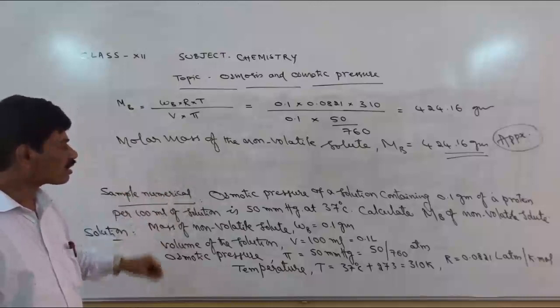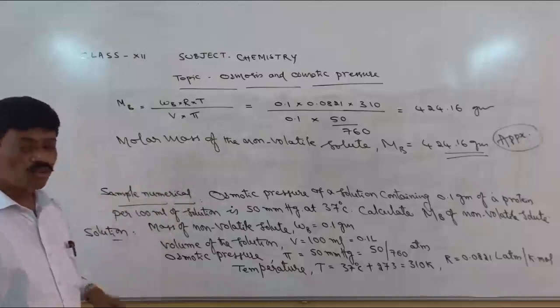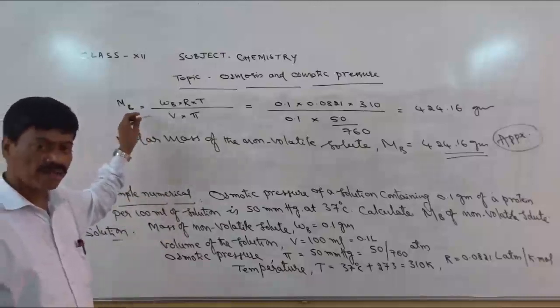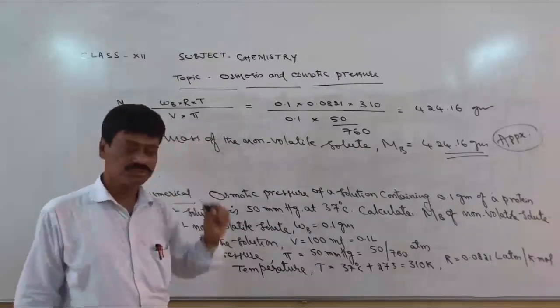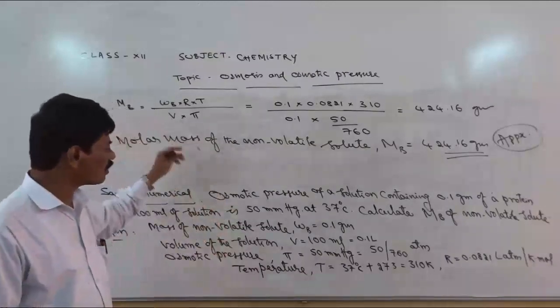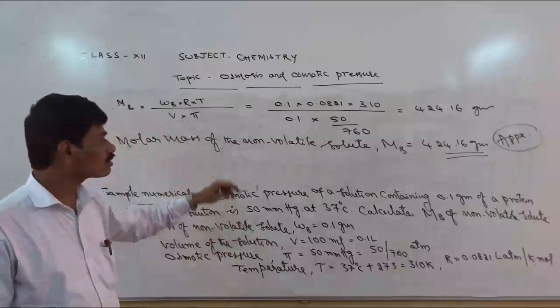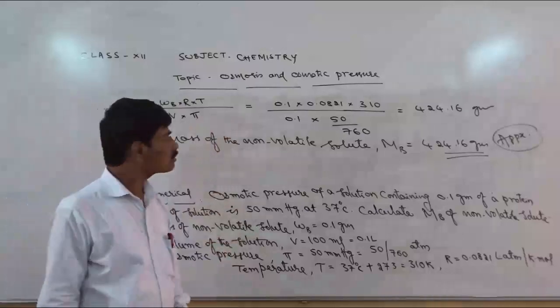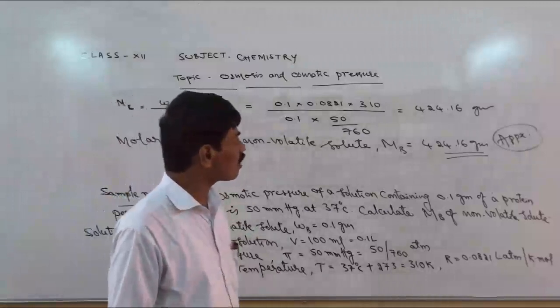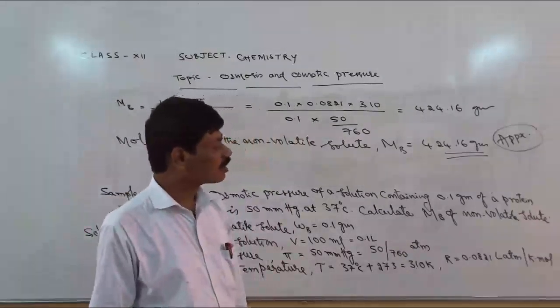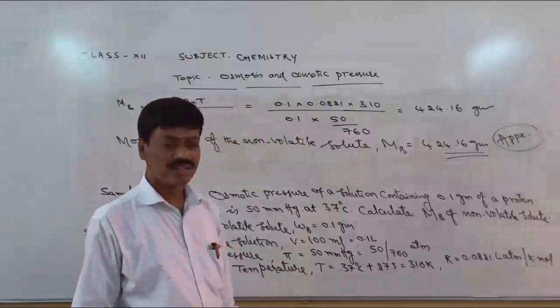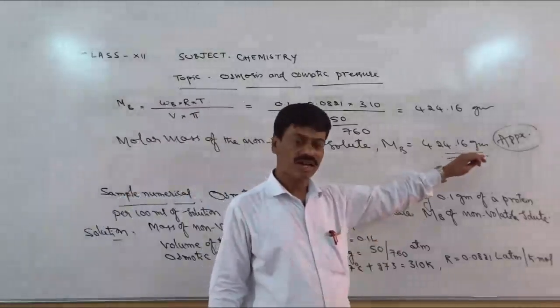As per the data given, we can go for this formula to find out the molar mass of the non-volatile solute. So according to the formula, when the data given in the numerical are substituted, we will get the molar mass of the non-volatile solute, that is protein, around 424.16 gram. This is an approximate value.